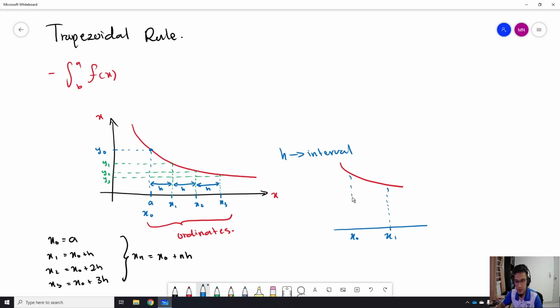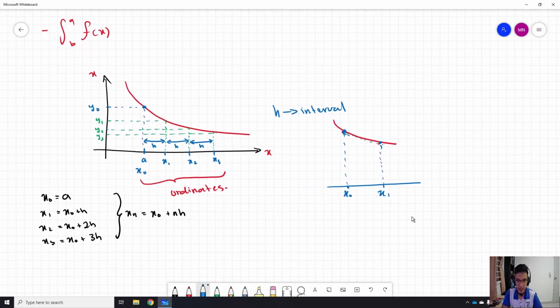Within x0 and x1, we can form a trapezium from this shape. To calculate the area under the graph from x0 to x1, we calculate the area of the trapezium within x0 and x1.